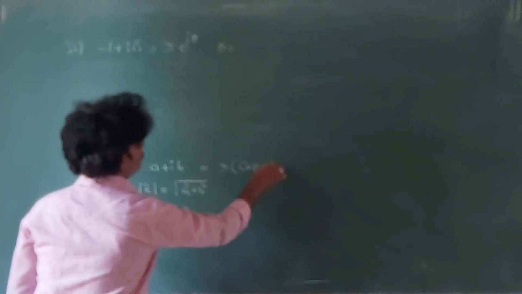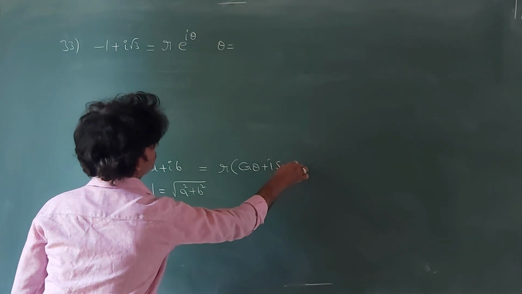Okay, and theta is its amplitude or argument, amplitude of z. Right? So then for this complex number a plus ib, whenever you know its modulus and amplitude, the same complex number a plus ib can be written like this: r into (cos theta plus i sin theta).